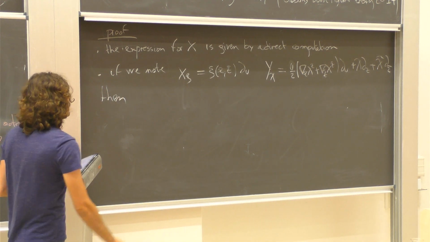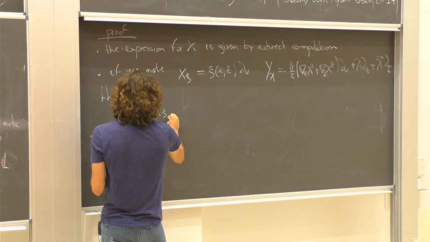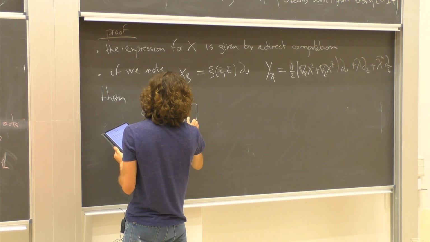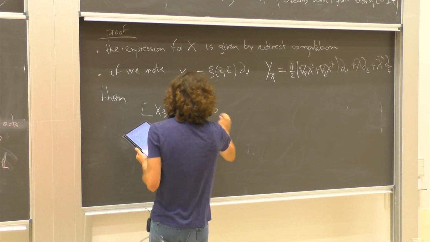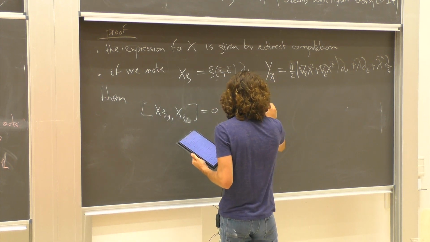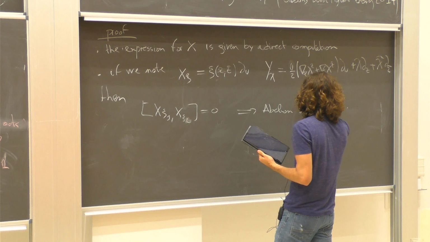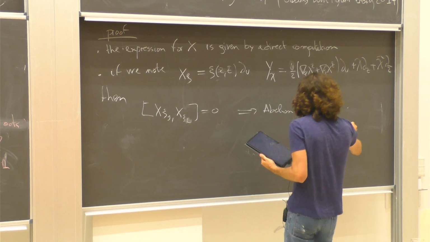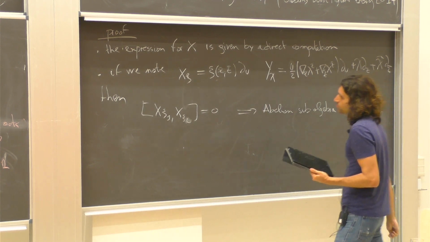Then it's immediate that if I have two functions, xi1, xi2, they commute because they do not depend on u. So we have an abelian subalgebra, isomorphic to the abelian algebra of functions on the sphere.